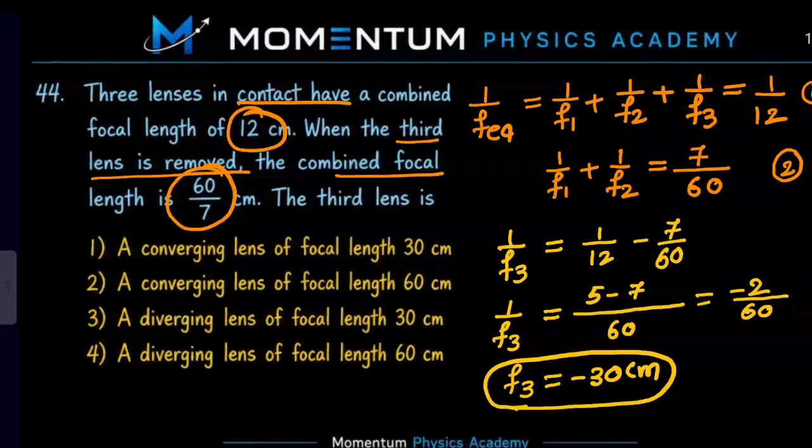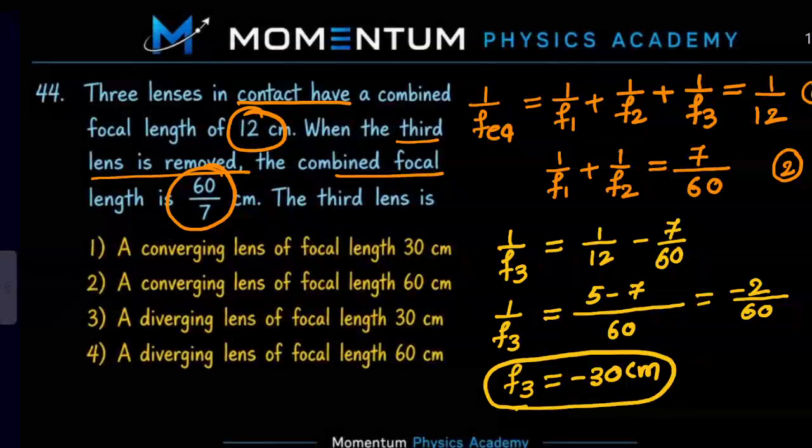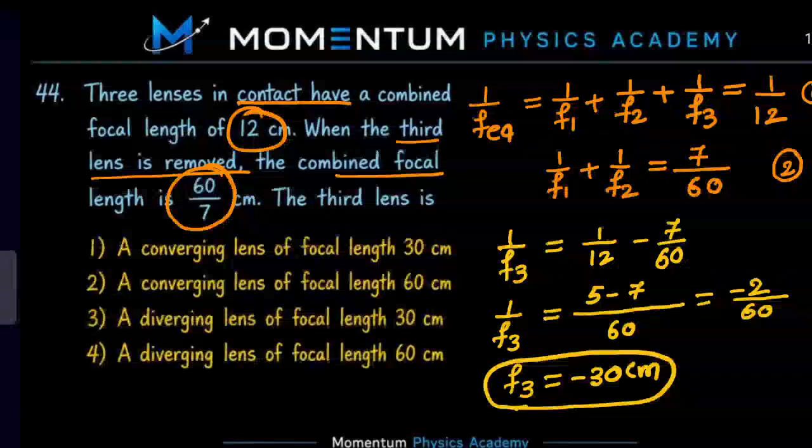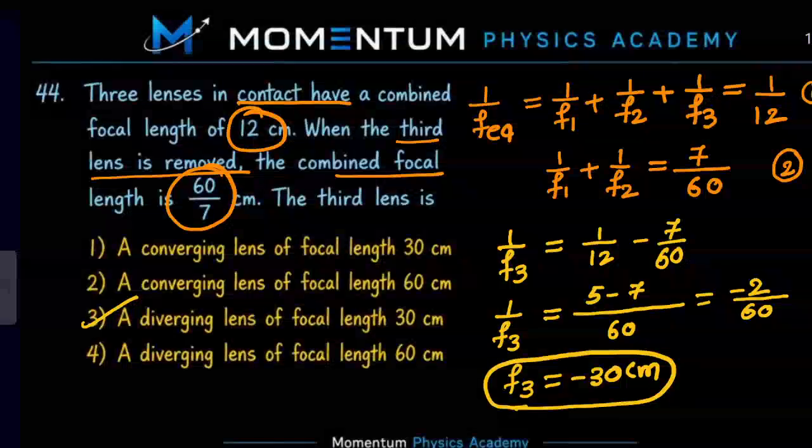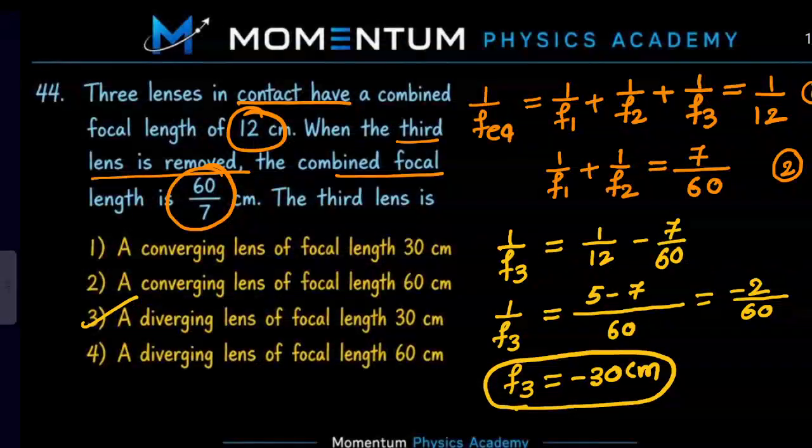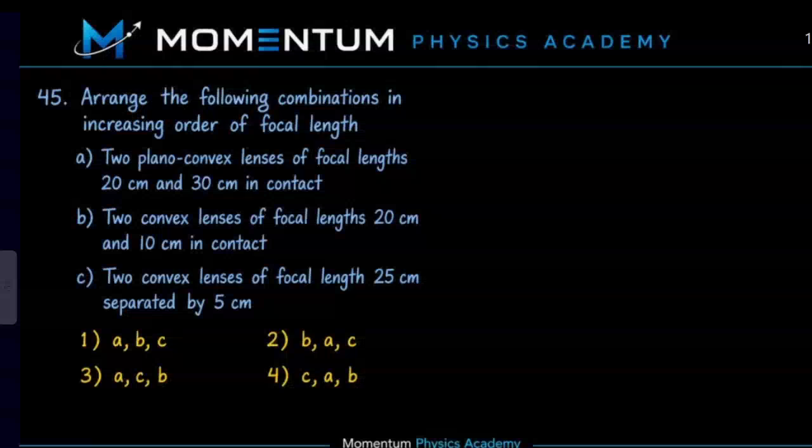Sir, it is third option. Diverging lens. So diverging lens of focal length 30 centimeters. Okay. Okay. Next.